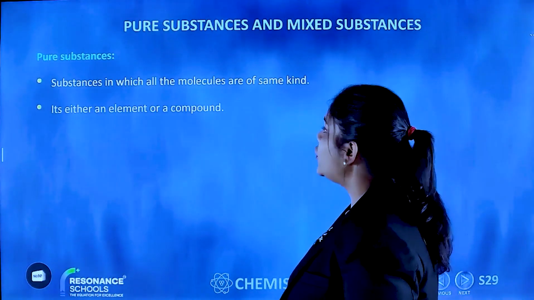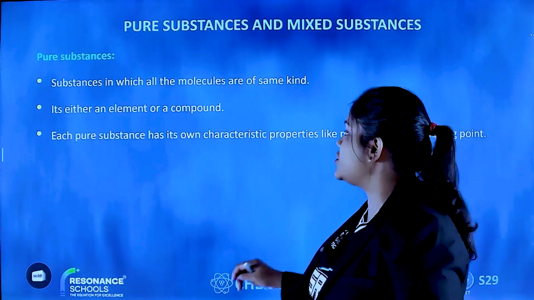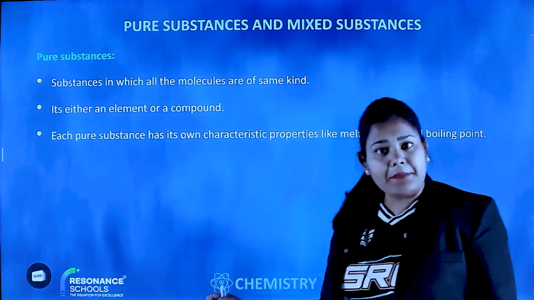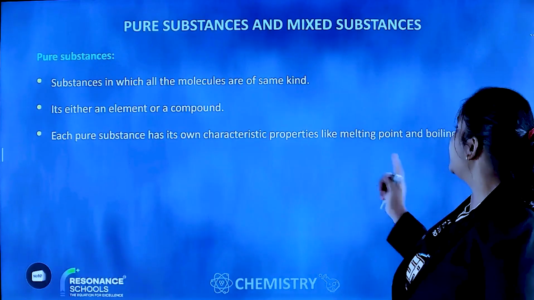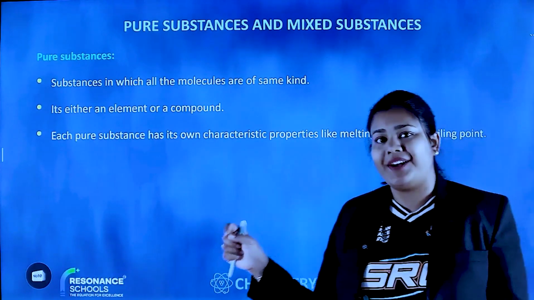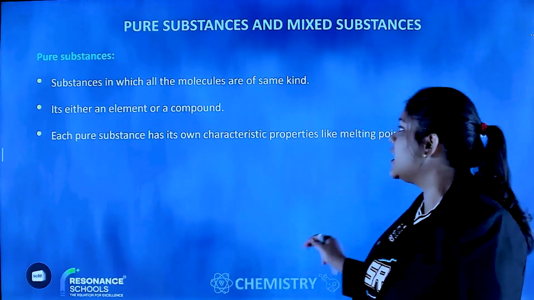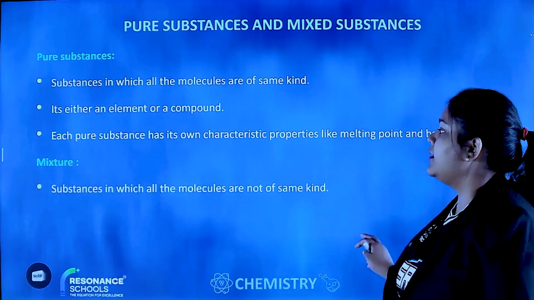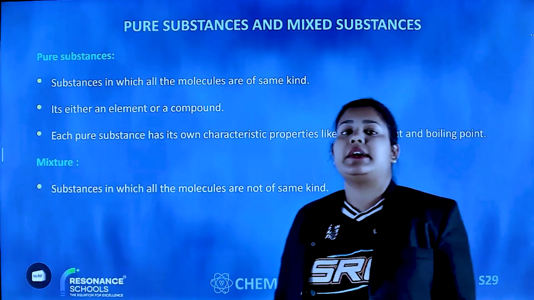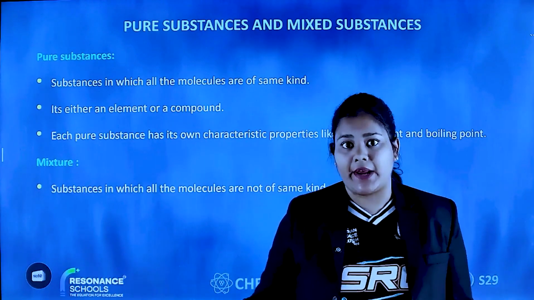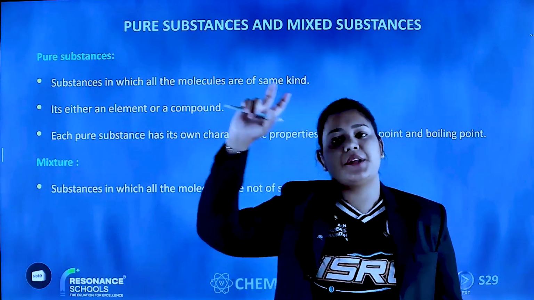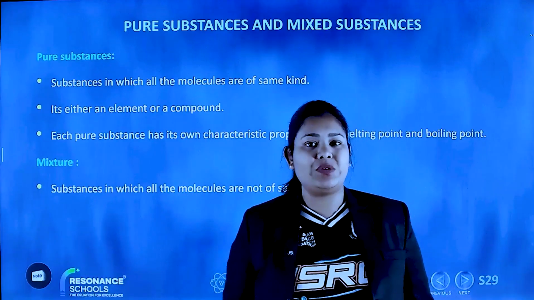I told you that a pure substance contains only one type of element or one type of compound. Their melting point and boiling point are fixed, their properties are fixed, and they cannot change their properties. Then we talked about mixtures. Mixtures are substances that are not of the same kind. Different types of elements and different types of molecules are present.